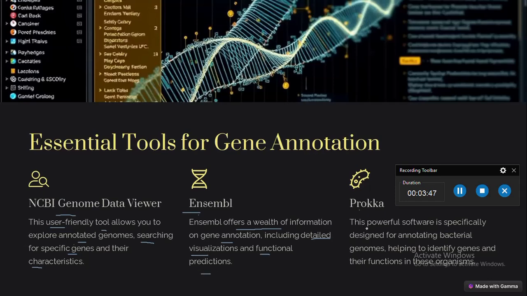Prokka is powerful software specifically designed for annotating bacterial genomes, helping to identify genes and their function in these organisms.